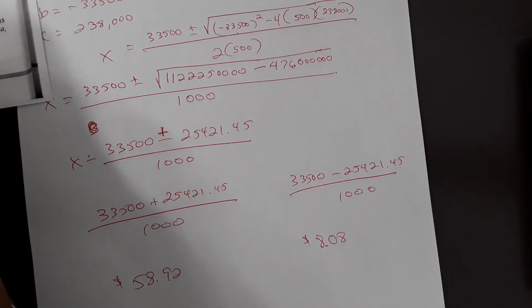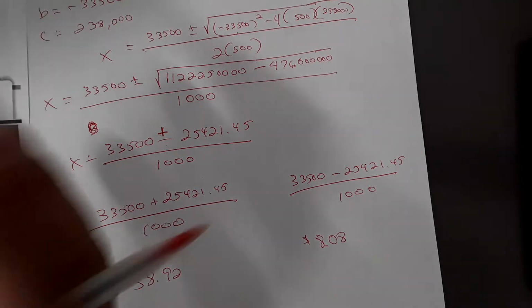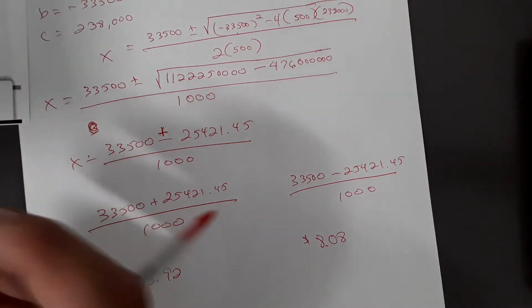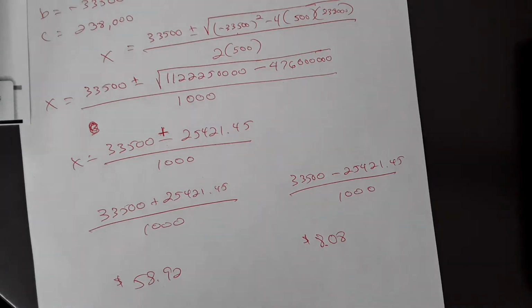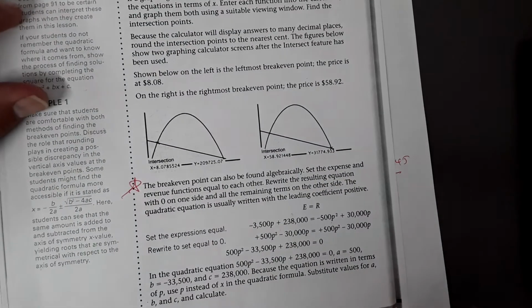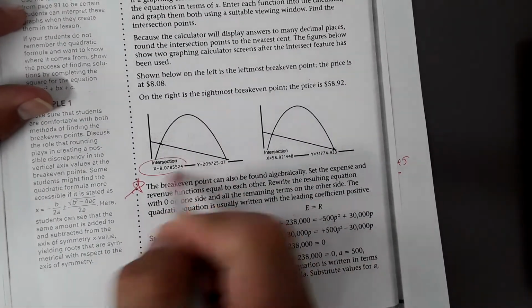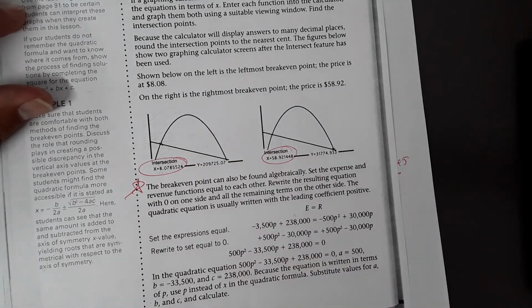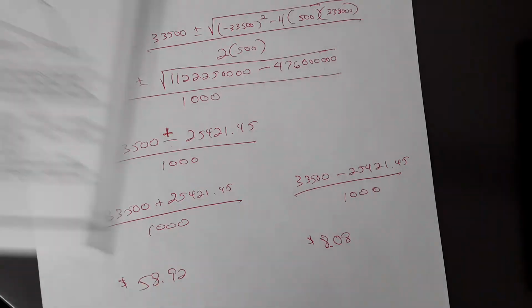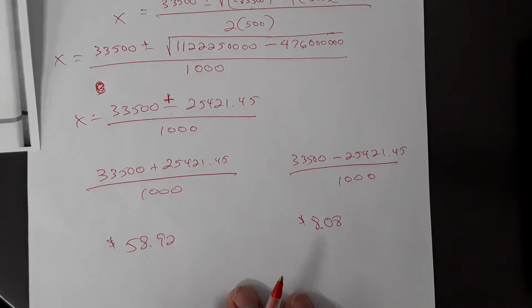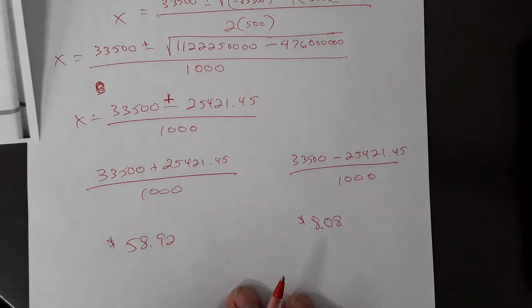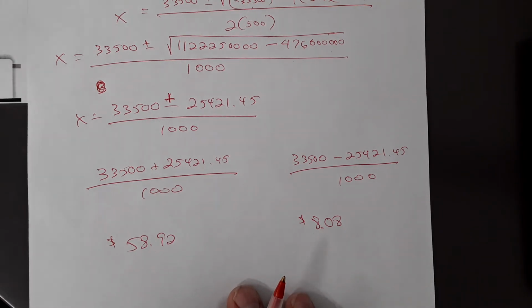Which, going back to the example, they put it on the graphing calculator and they came up with the same things. So these are the 2 break-even points, $58.92 and $8.08. Okay?